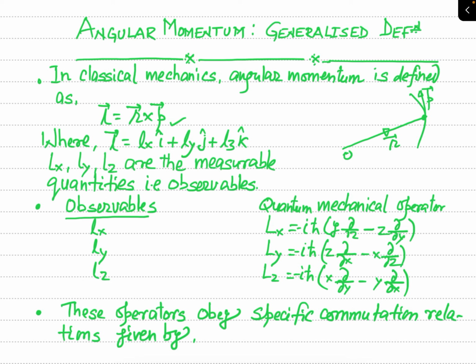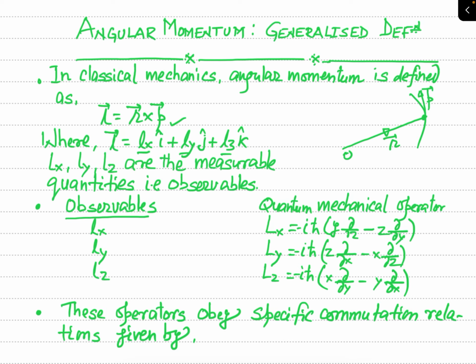In fact, this angular momentum L may be expressed in terms of its Cartesian components. If you consider that Lx, Ly and Lz are the Cartesian components of this angular momentum vector L, then this vector L may be written as Lx i plus Ly j plus Lz k. You know it.